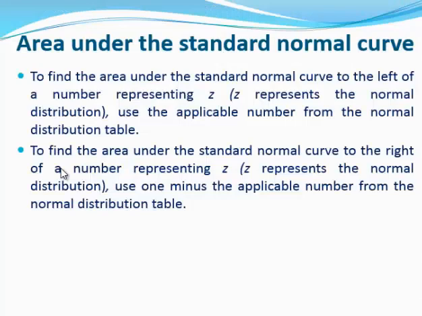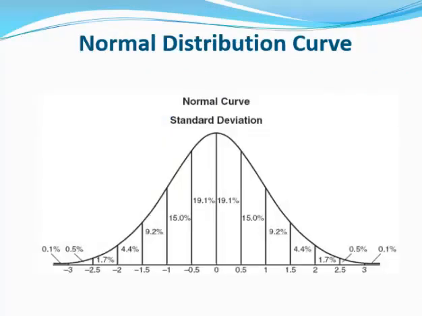Now, sometimes you may be asked, for example, to find the area under a standard normal curve. When I say an area under a standard normal curve, I mean this curve, but you're asked to find, let's say, the percentage of the curve under 1.0 standard deviations above the mean, which means everything from here on.